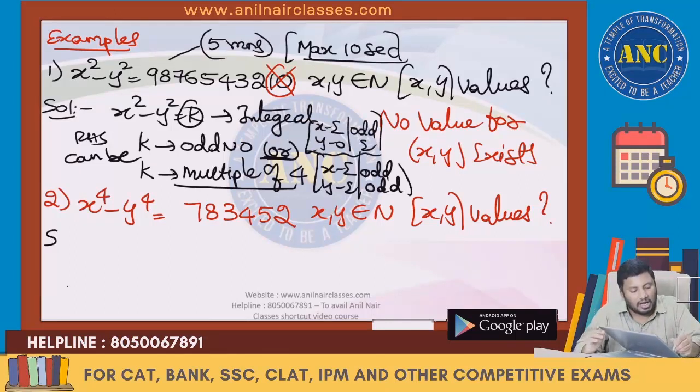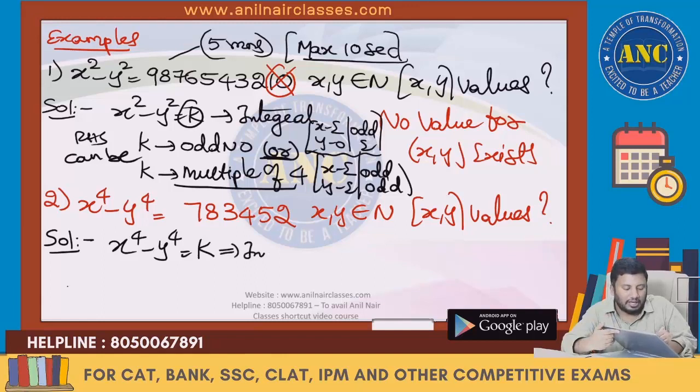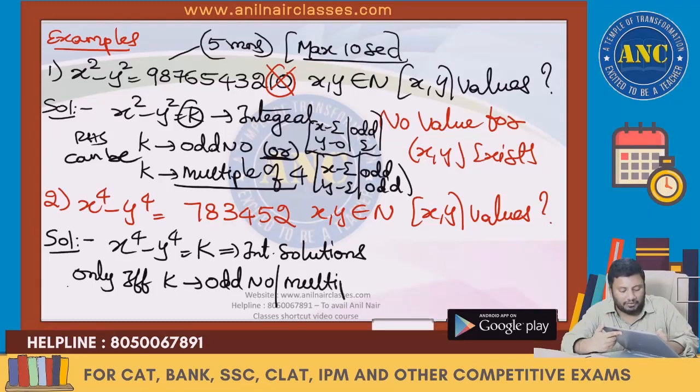Next one, x power 4 minus y power 4 equivalent to k. So what is the logic? This will have integral solutions only if k is an odd number, or k is a multiple of 8.